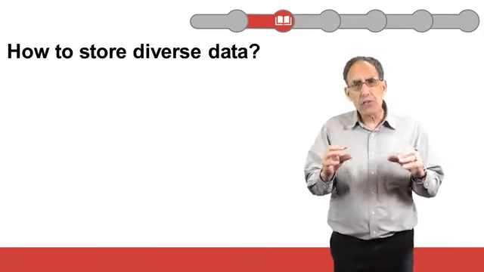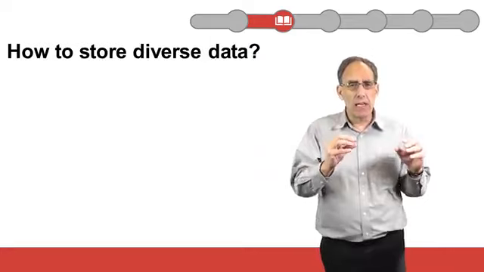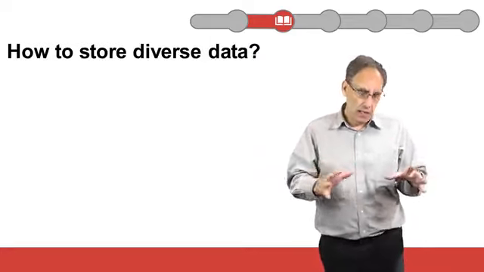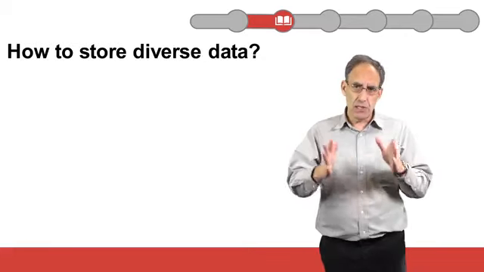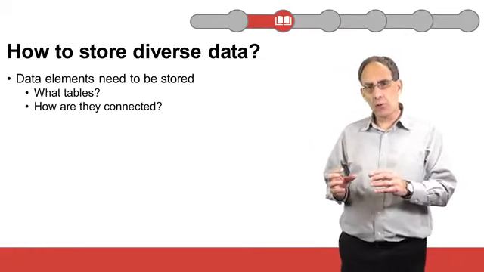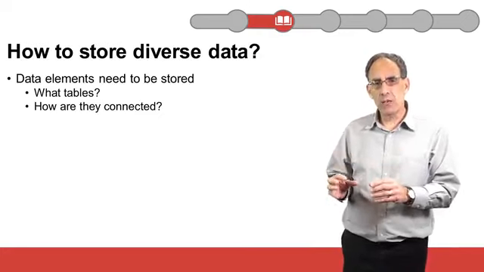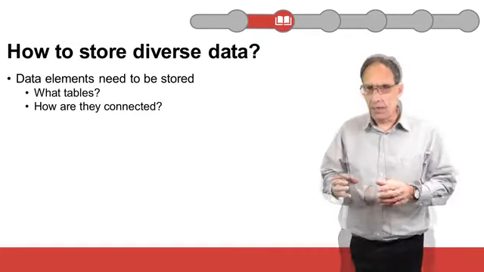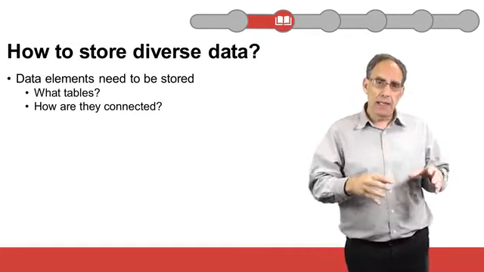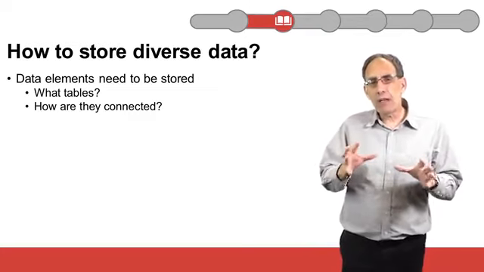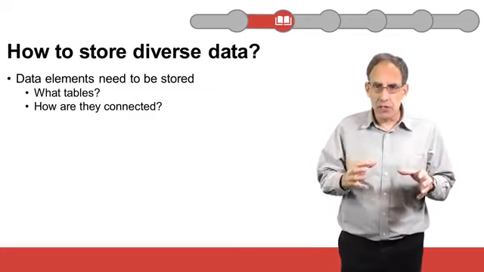The last feature of a data warehouse by Inmon and Hackathorn is to integrate diverse data into a comprehensive and consistent view. The challenge is to determine how to store the data elements in the data warehouse. What are the tables and how are they connected? When combining data collected in different systems under different settings, the data warehouse team faces a myriad of decisions.